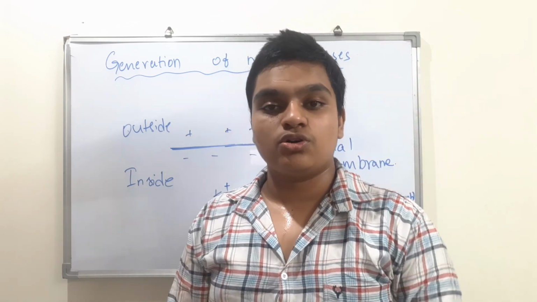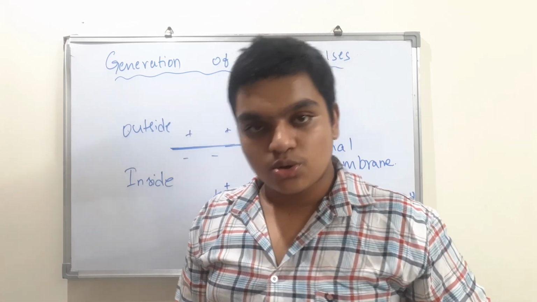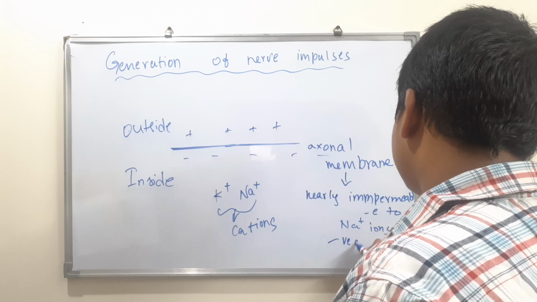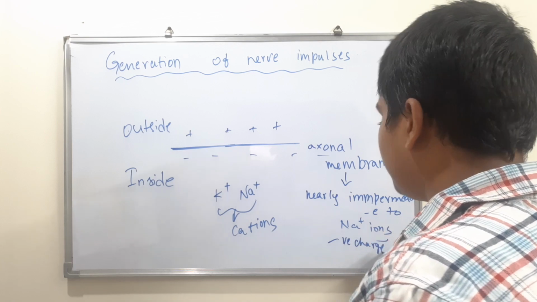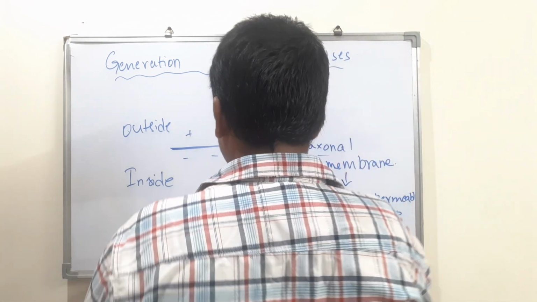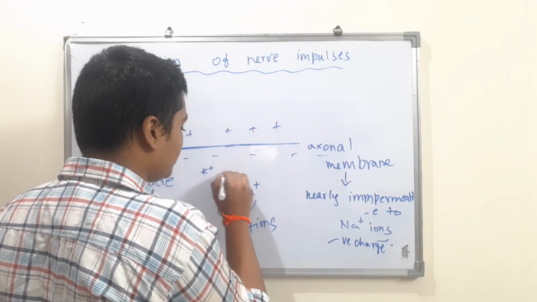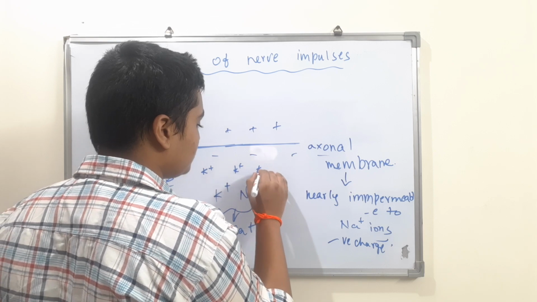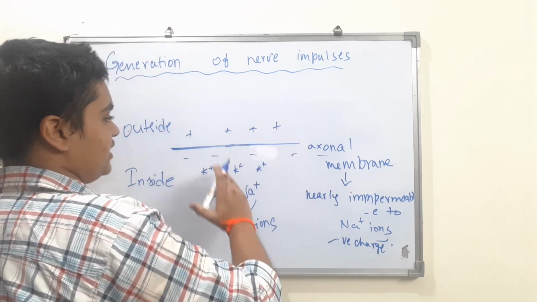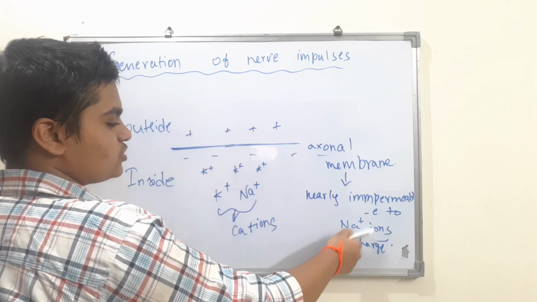This axonal membrane is also impermeable to negative charge, or negative ions. So then what happens? All the potassium ions remain inside, including the negative charge. Since these potassium ions are inside, outside there are sodium ions.